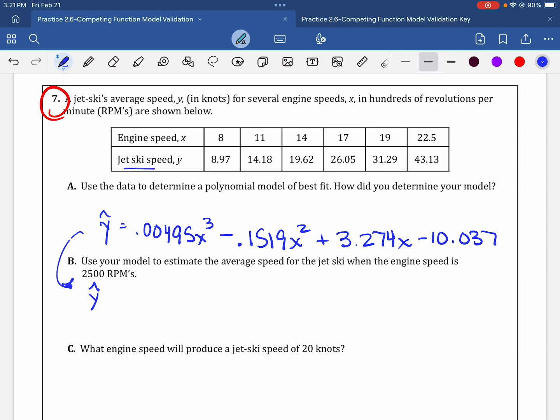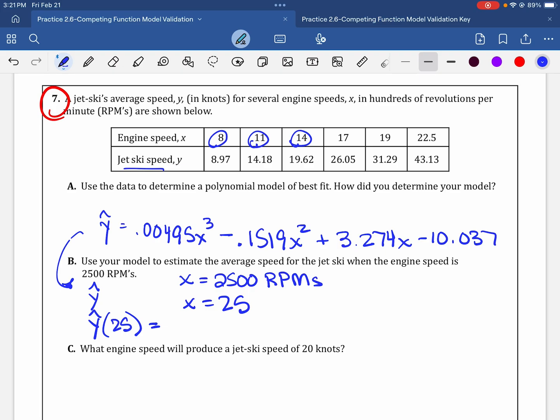So that's finding our y when the engine speed, so x is 2,500 RPMs. Well, look at our x's. They're not in the hundreds. So we have to remember it said that this is 800, 1100, 1400. So that means x is 25.